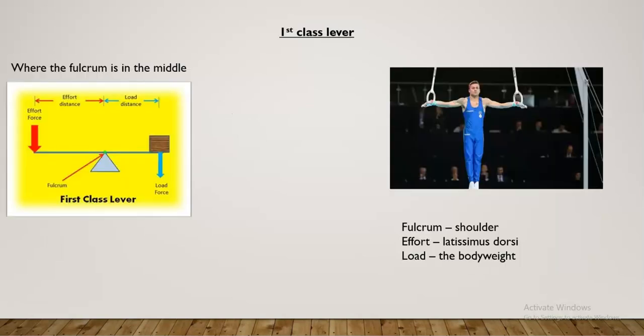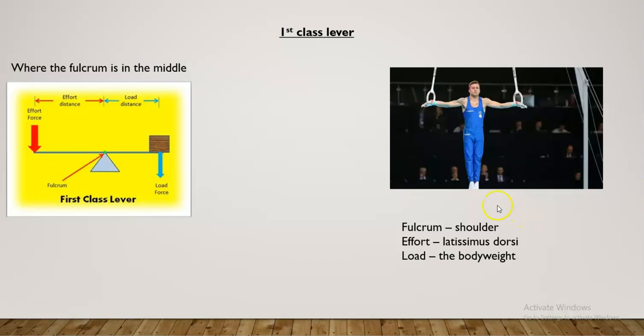So let's look into more detail at the first class lever. We know now that the fulcrum is in the middle of the bar, the lever arm, which means that the load and the effort will be on either side. Now let's look at the movement within gymnastics known as the iron cross.